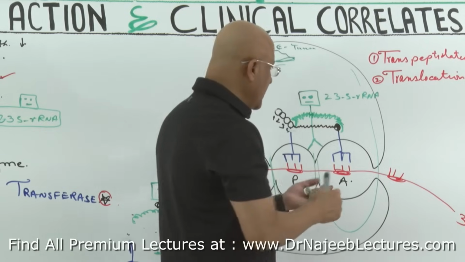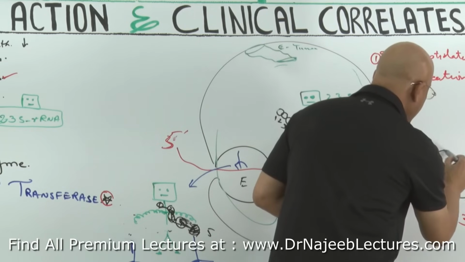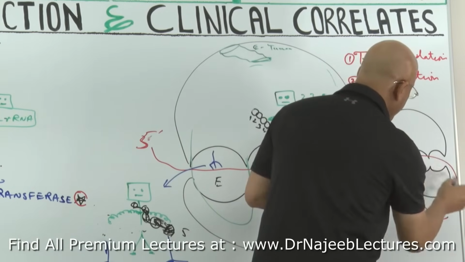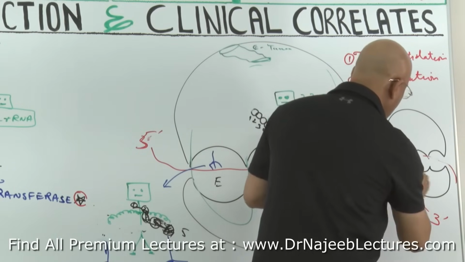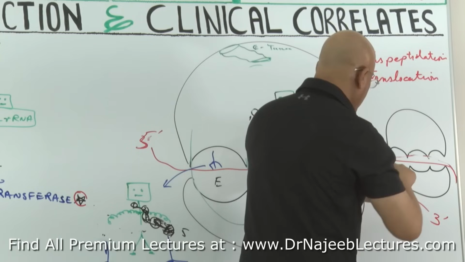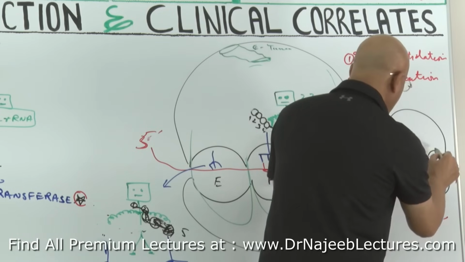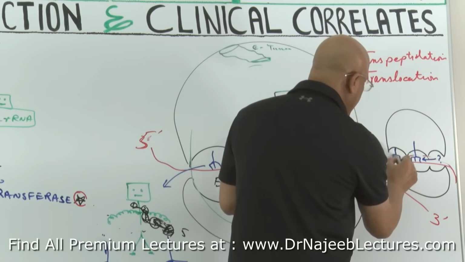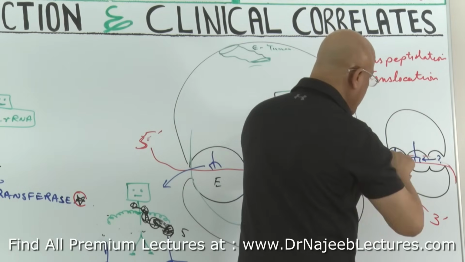What I want to say very briefly is, what will happen to 30S and 50S after translocation? After translocation, when it has gone one step down, the messenger RNA with the short peptide from here has come over here, and this area is empty, and there is the transfer RNA which was having the short peptide chain, right?